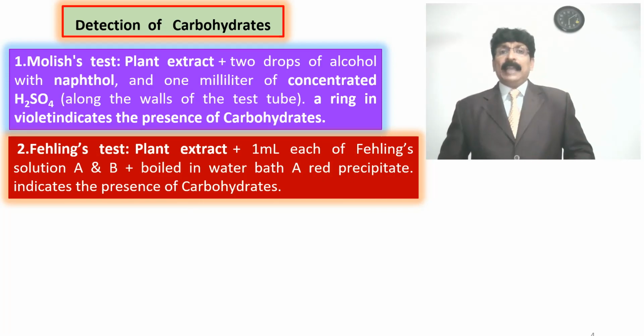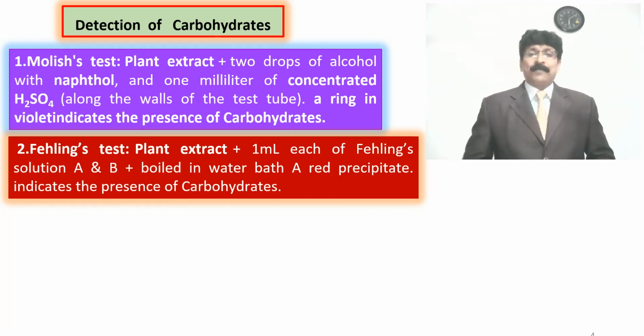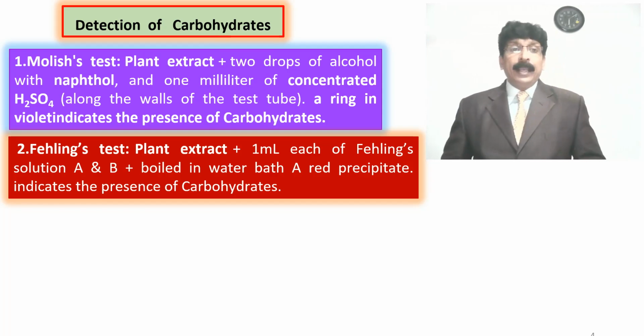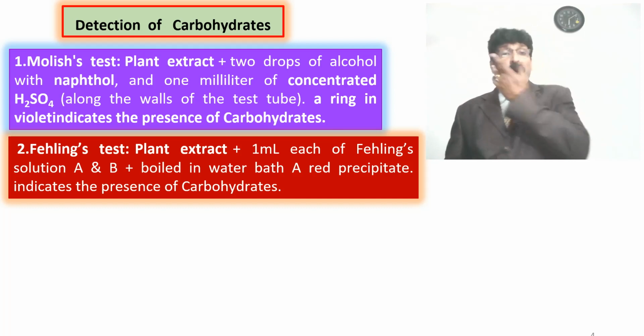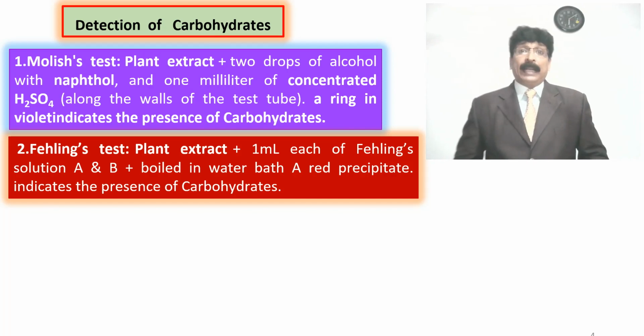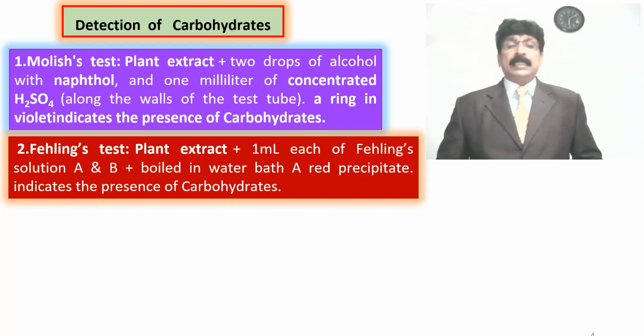The next one is Fehling's test. To the plant extract, add 1 ml each of Fehling solution A and B, and then boil the test tube in a water bath. A red precipitate indicates the presence of carbohydrate.